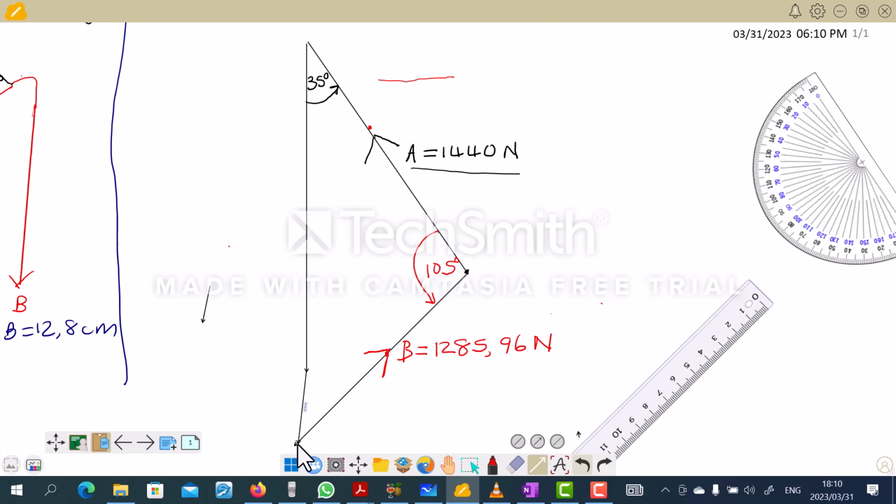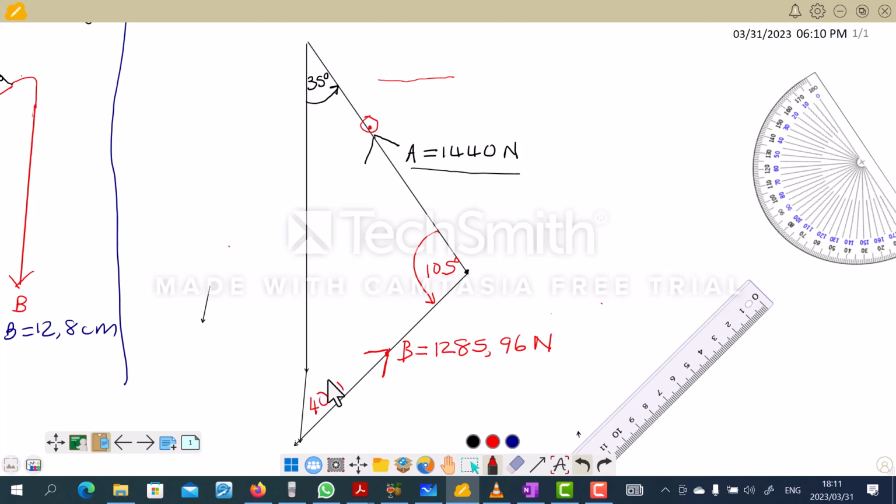The reason mine is not ending directly there is a problem. Let me show you the problem. My line was not on top of that dot, so that's why this one is not straight towards the end. Anyway, we need to measure this angle. According to our diagram, this angle is supposed to be 40.